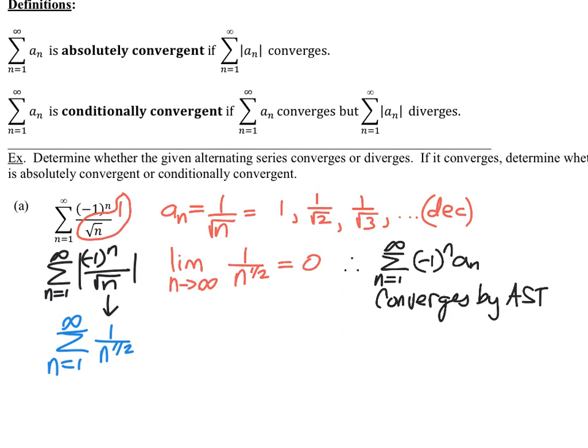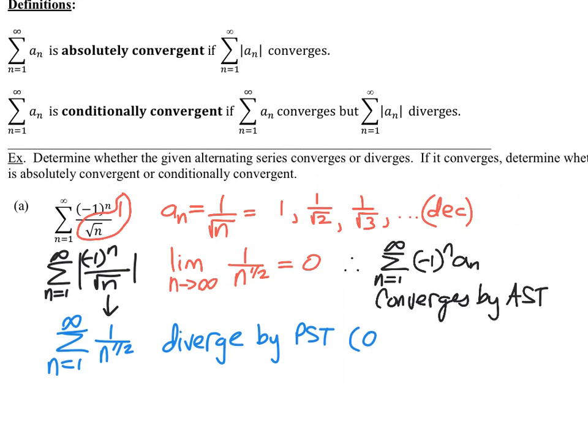All right. So what we get from this, 1 over n to the 1/2, is that that's going to converge or diverge? Converge, diverge, less than 1, yeah. Diverge by what test? By p-series test. And that's because the p-value is less than or equal to 1.